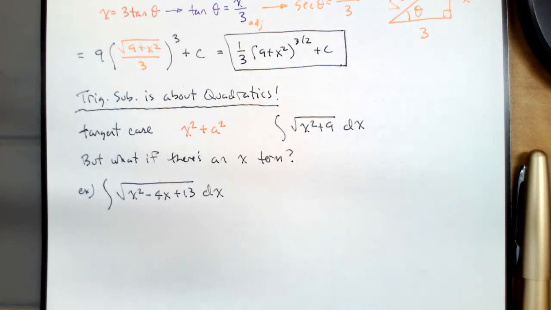So here we have the square root of x squared minus 4x plus 13. And we want to recognize this as a trigonometric substitution problem as well as just x squared plus 9. The important part is this x squared. Then the other important part is recognizing that x squared minus 4x plus 13 has complex zeros, and so they should be the tangent case.